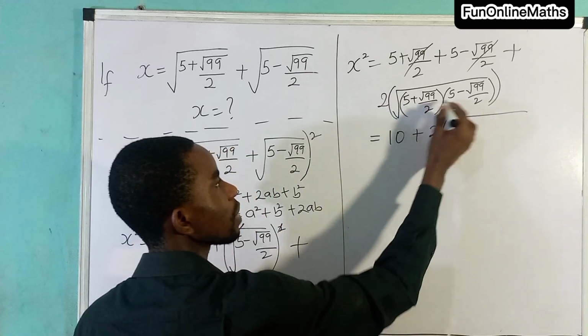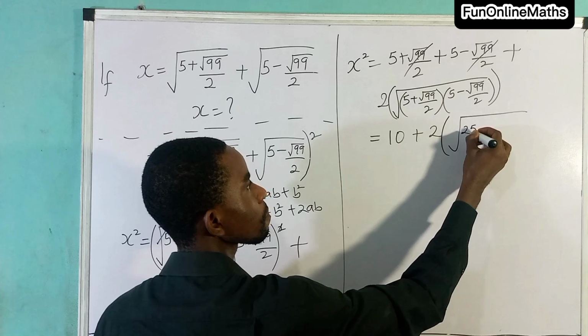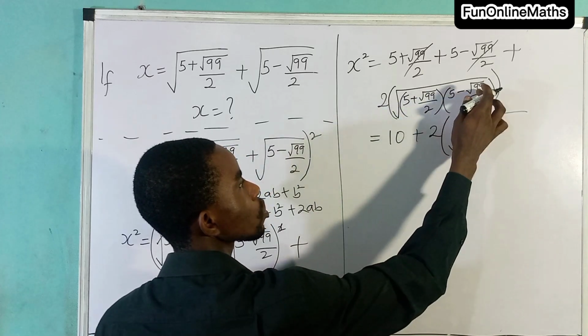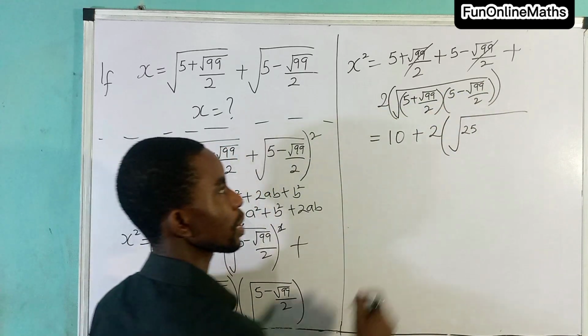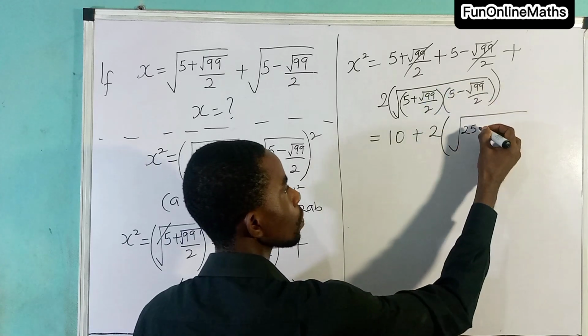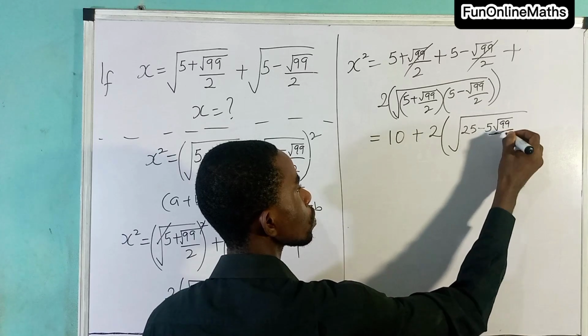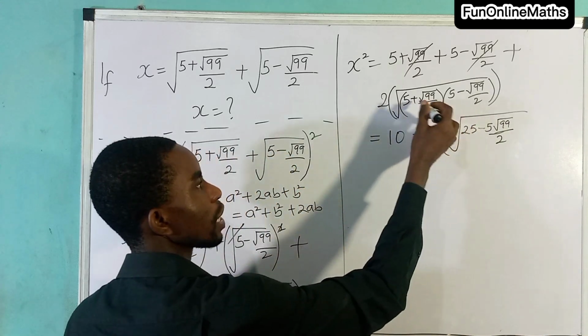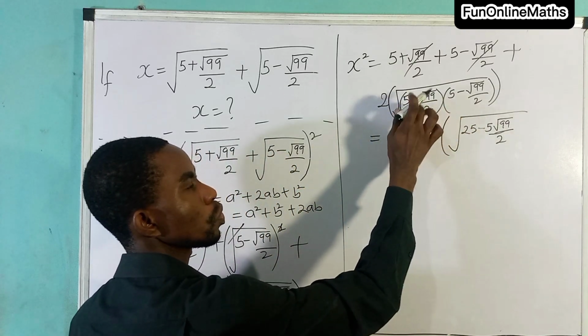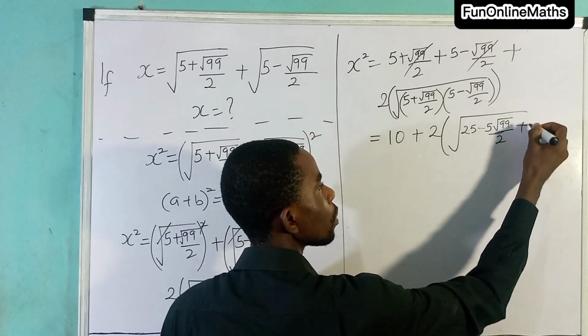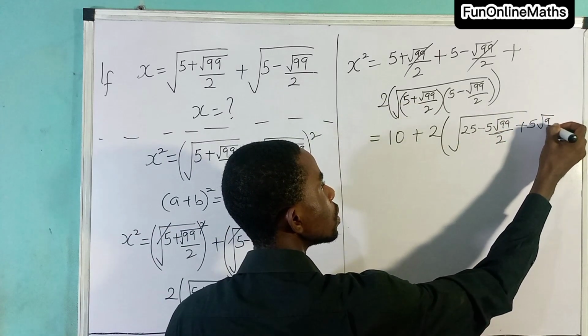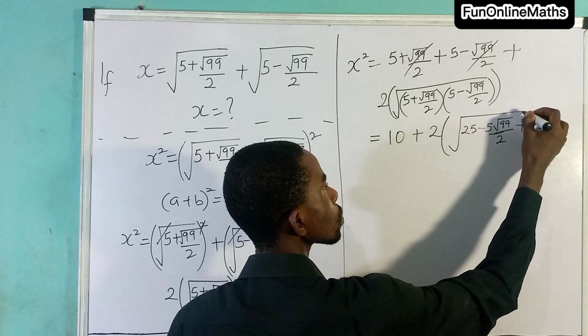Square root of 5 times 5 is 25. 5 times root 99 over 2, there's minus here, so minus 5 square root of 99 over 2. 5 times the square root of 99 over 2, which is positive, plus 5 root 99 over 2.